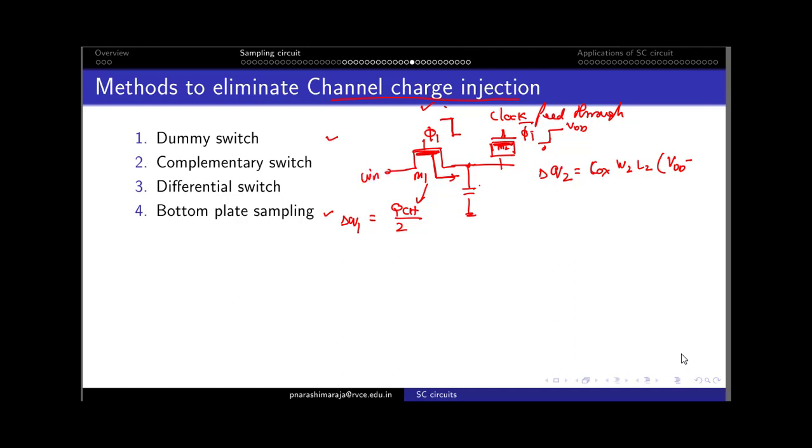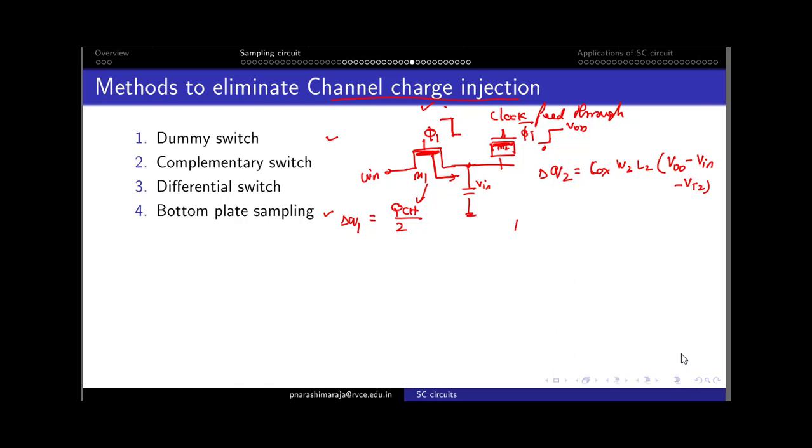The source is also connected to the Vin that I have stored here, so I can retain the same value of Vin for the VS term, and then the threshold voltage of the second device.